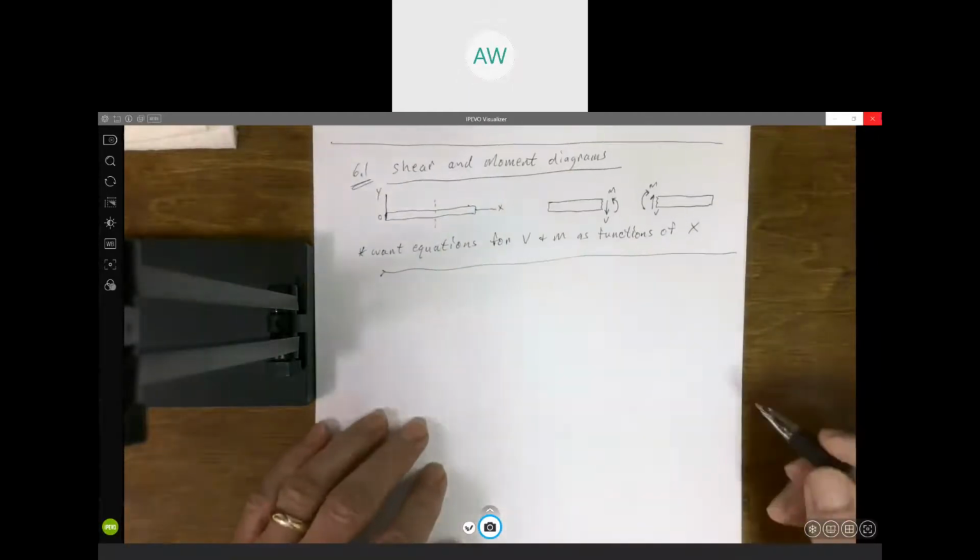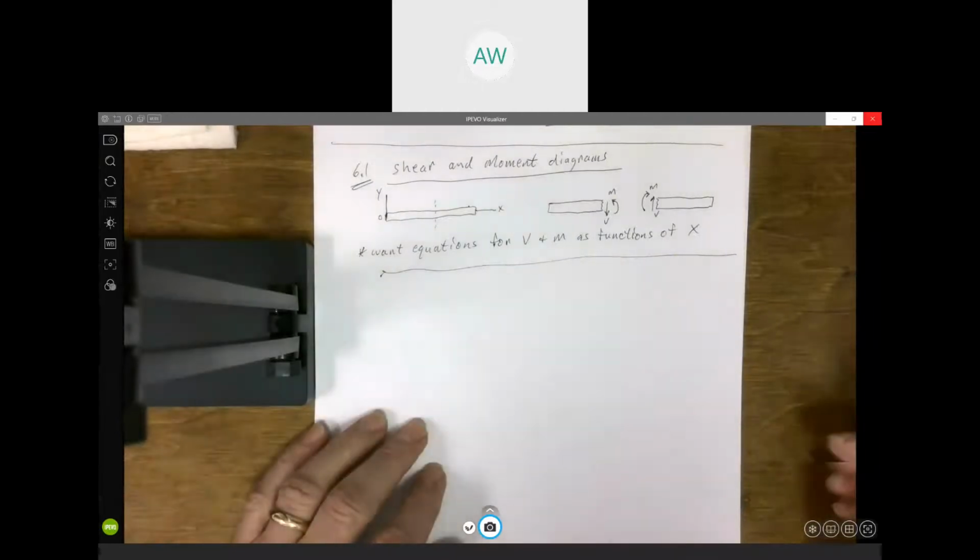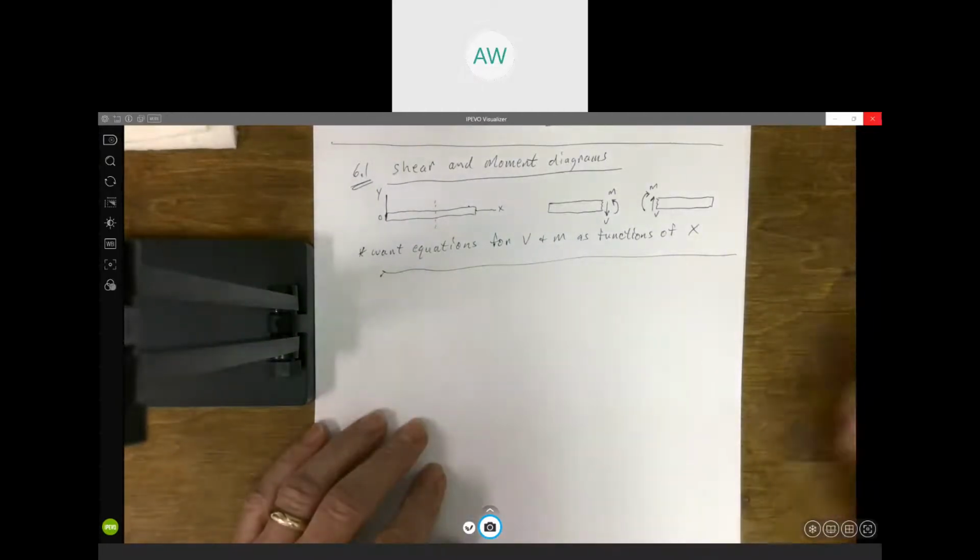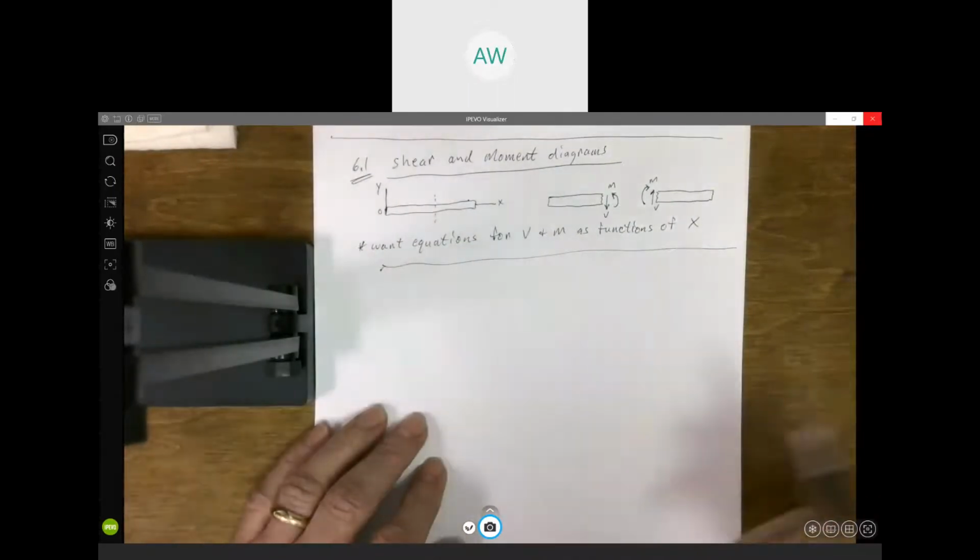One other note, and then we'll start right in and work one of these. There's nothing new involved, no new formulas.